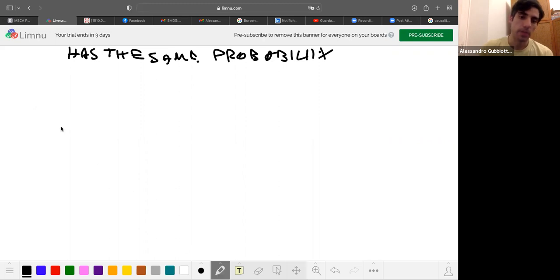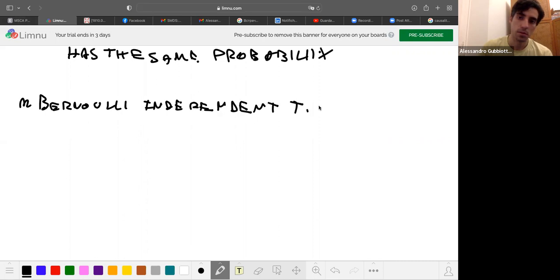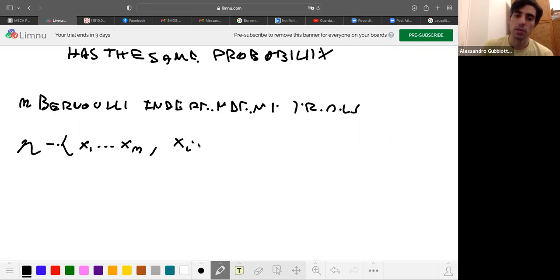So, in general, n Bernoulli independent trials. As usual, omega: we toss n coins. The space of n tossed coins is the space of strings of n digits, where each digit can be either 0 or 1.